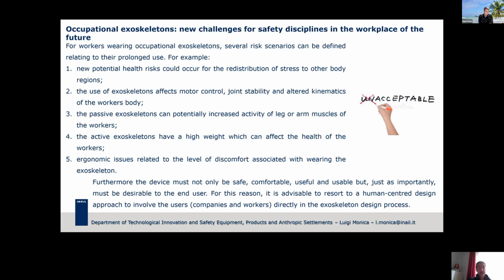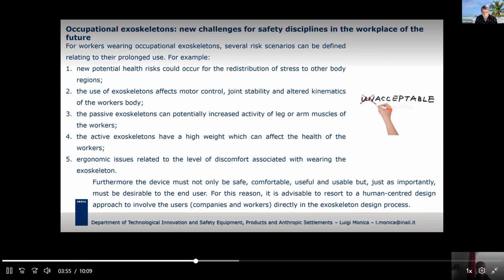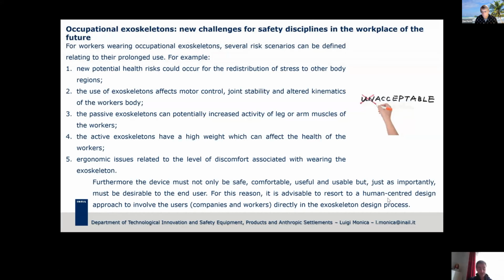Ergonomic issues related to the level of discomfort associated with wearing the exoskeleton are to be addressed before using the occupational exoskeleton in the workplace. Furthermore, this device must be desirable to the end user. For this reason, in our project, we have used a human-centered design approach to involve the user, company, and worker directly in the exoskeleton design process.